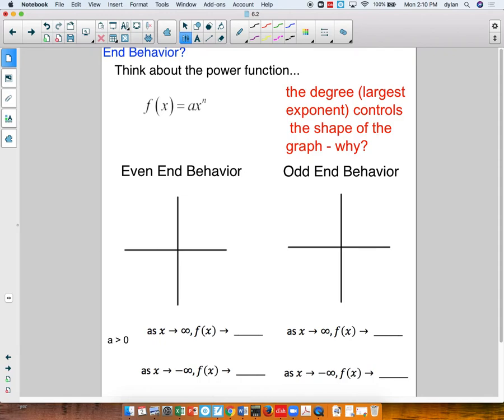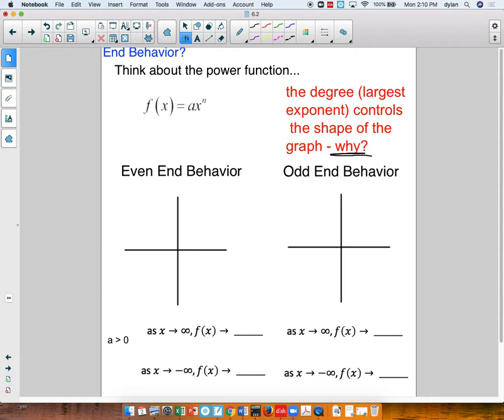And if you think about this question, right, the degree, the largest exponent, controls the shape of the polynomial. If you think about why that is, as x gets larger and larger and approaches infinity, the exponent on x makes a huge difference.